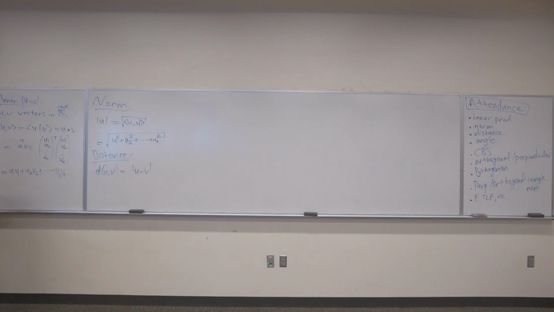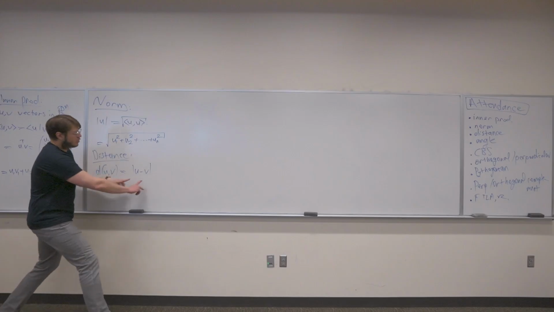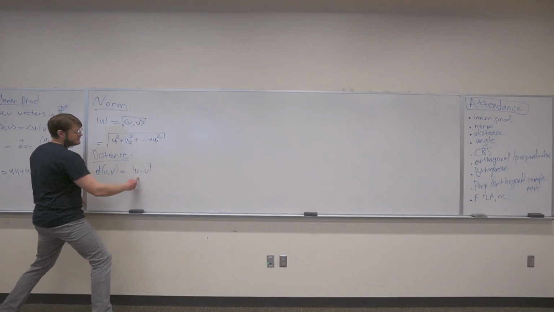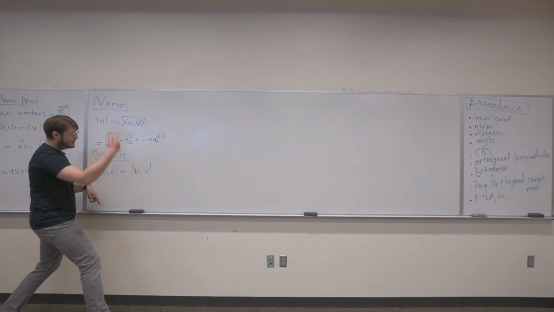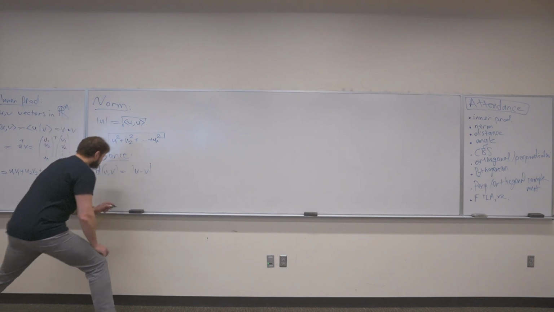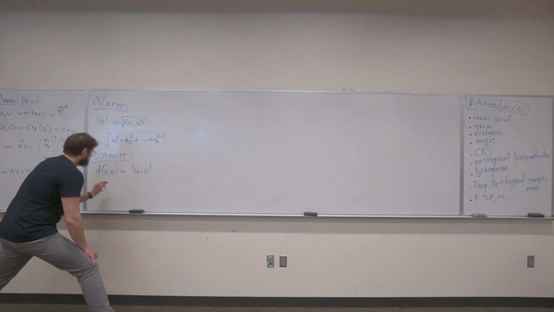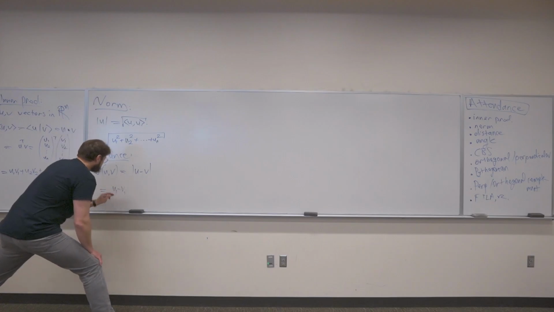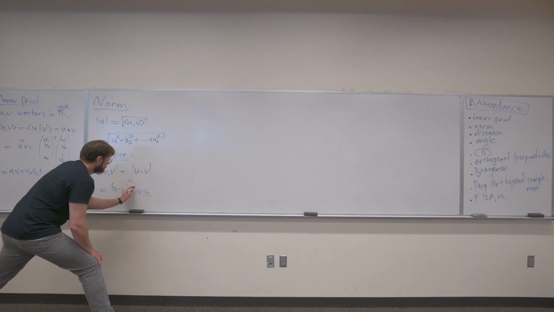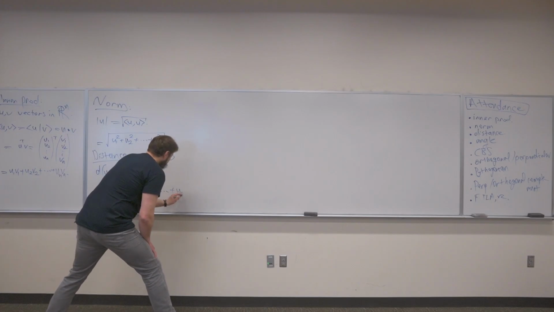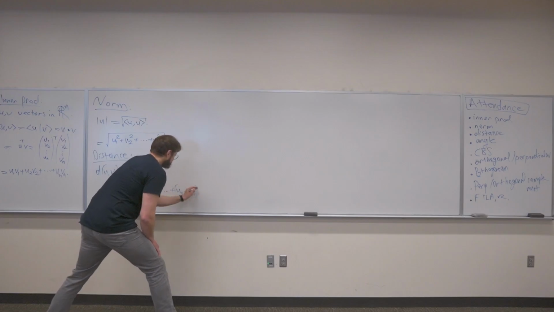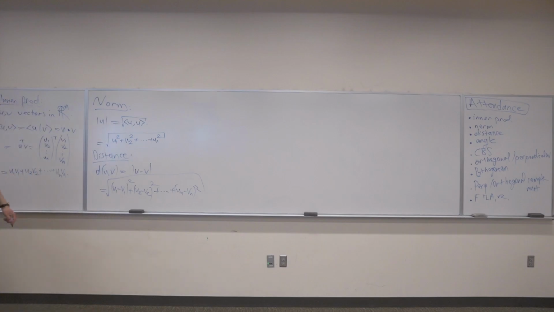Opening this up again explicitly gives you that all you need to do to compute this distance is to look at the differences of their entries, take the squares of them, add them up, and then take the square root. So u1 minus v1 squared plus u2 minus v2 squared plus dot dot dot plus un minus vn squared and everything in a square root. And that's the distance.